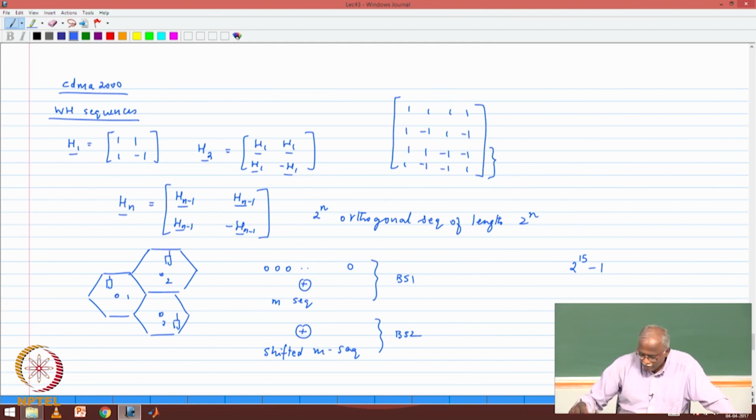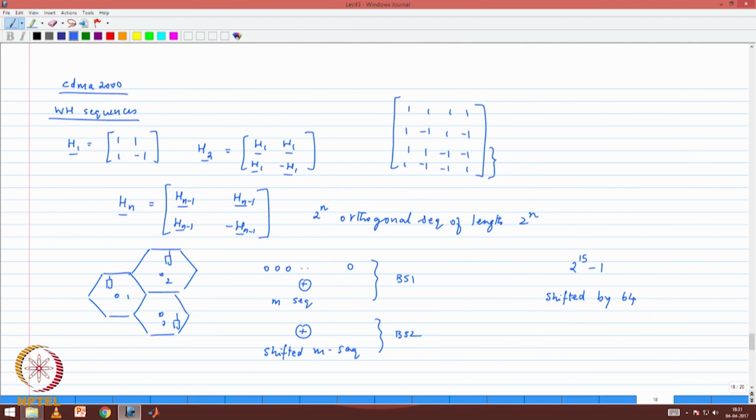This will be the sequence that scrambles the all 0 sequence, and the sequences that each of these base stations are using are going to be shifted by 64 chips. Why 64 chips? That means there is no way you can confuse multipaths. If you are using the sequence, the next person is using it shifted by 64. So your multipath will be long gone before I can ever confuse your sequence with that. So that is where the M sequences have come into play.